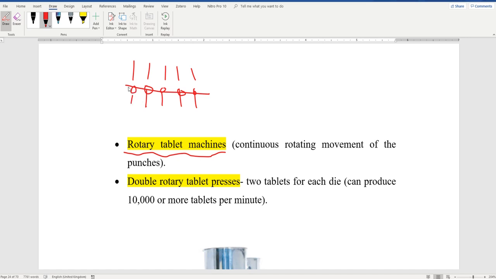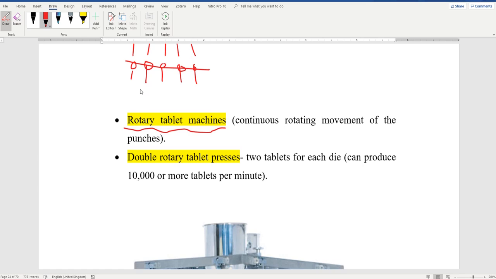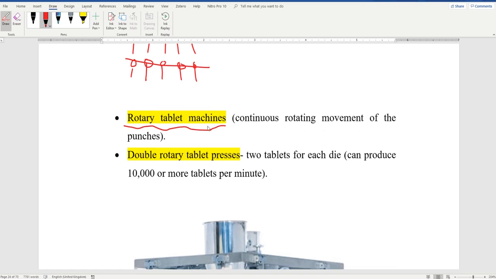And then the upper punch will go up, the lower punch will eject the tablet to the surface, and then the tablets get removed. These rotary tablet machines are able to produce so many tablets every hour, and there is even a faster rotary tablet machine, the double rotary tablet press.